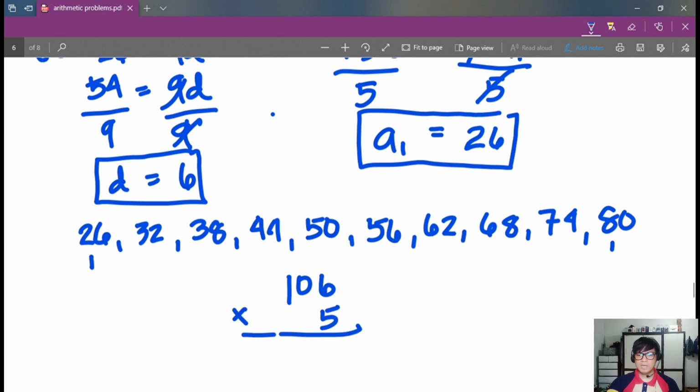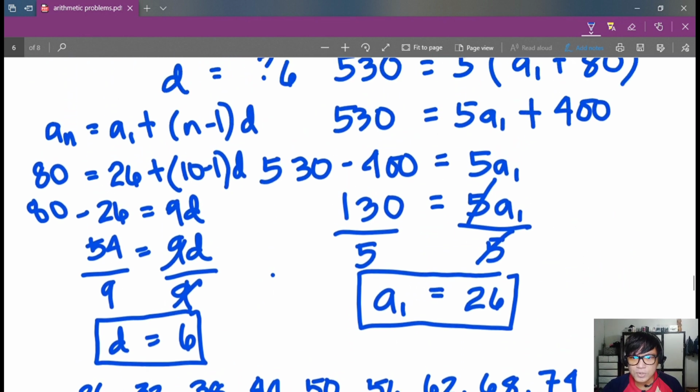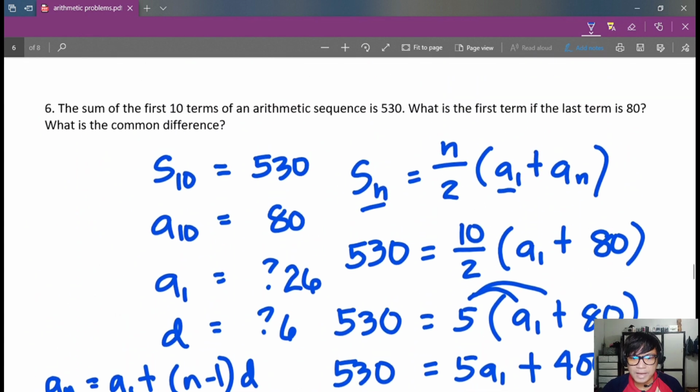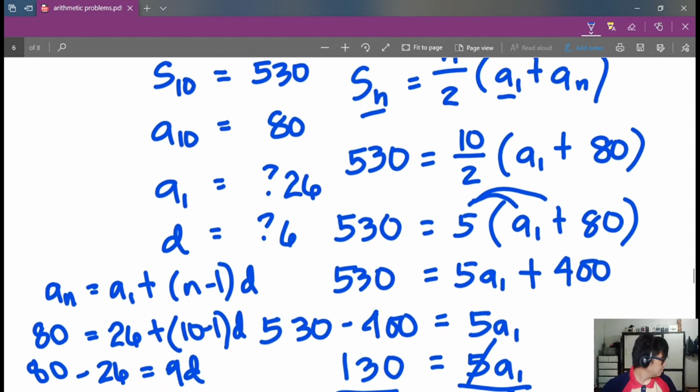So, 5 times 106 is 530. So, tama. The total is also 530. So, yun yung solution natin. Our a sub 1 is 26. Our common difference is 6. Okay?